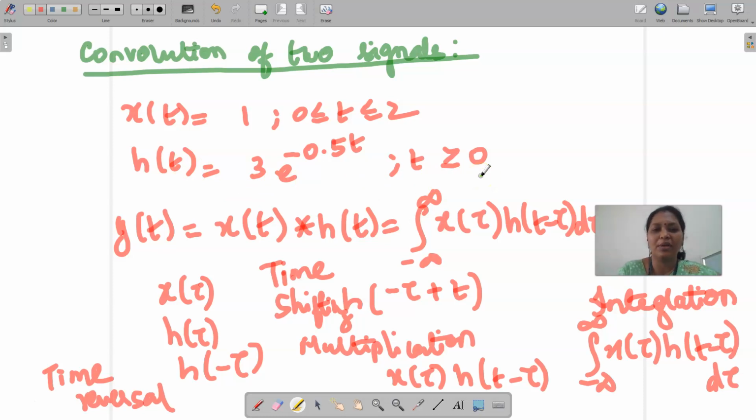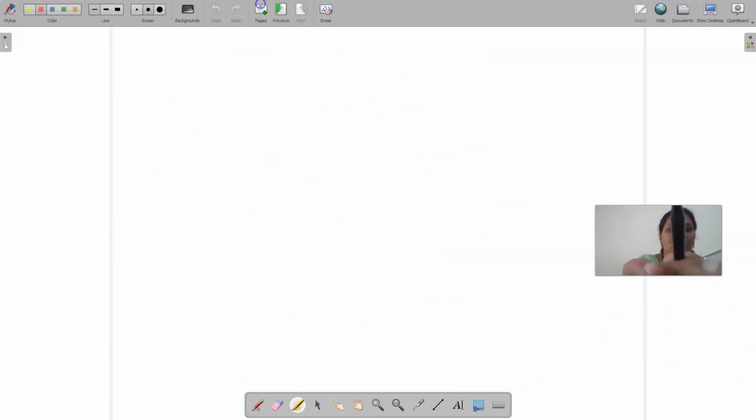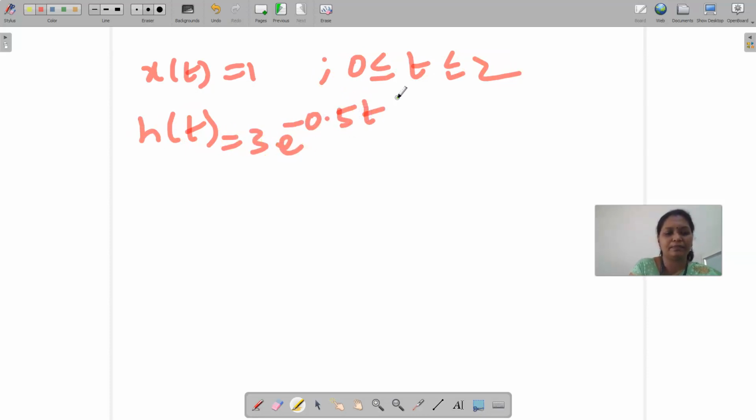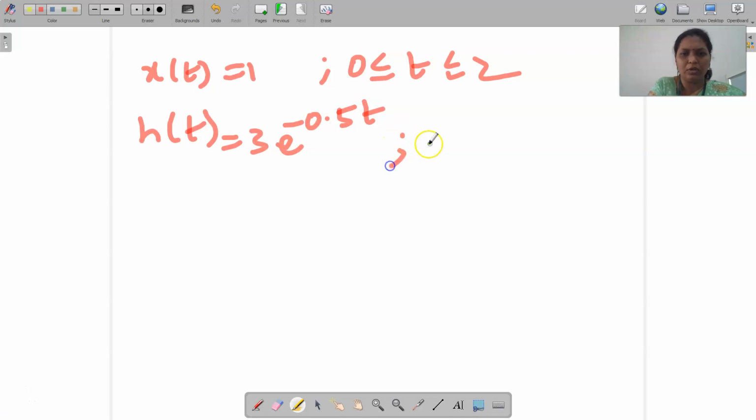So first of all, my first signal x of t varies from 0 to 2, and h of t is 3 into e power minus 0.5 t for t greater than or equal to 0, which I can write as 0 to infinity.